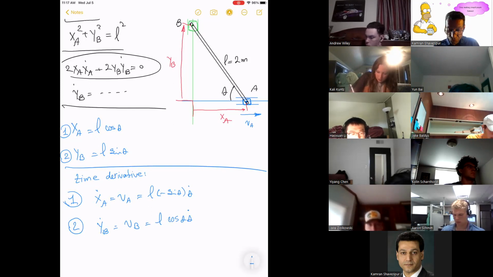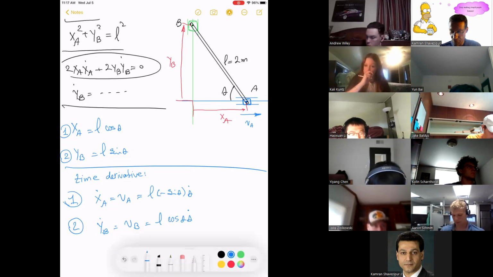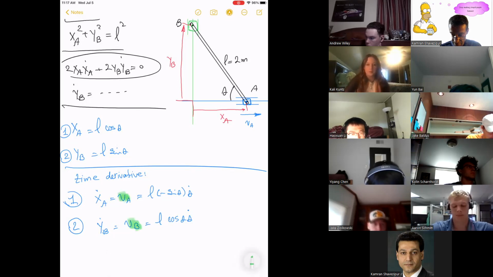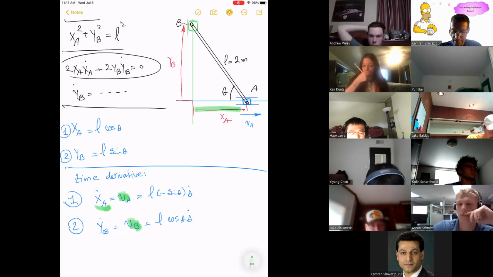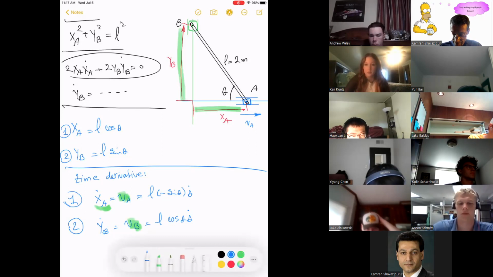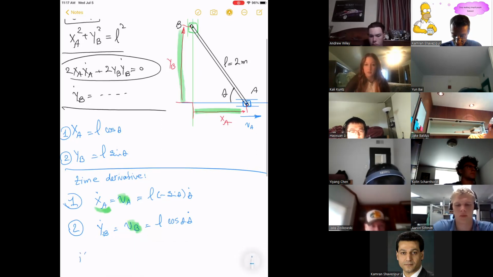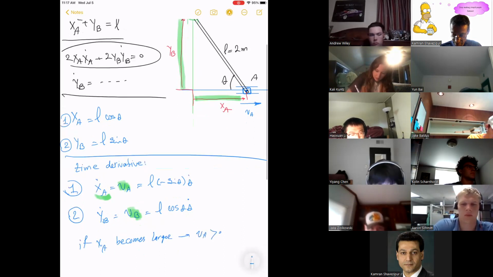Remember, and please take note of this comment: when we go for VA and VB, because they're the time derivative of these values, the X and Y don't mean anything by themselves. If XA becomes larger, then VA is positive.